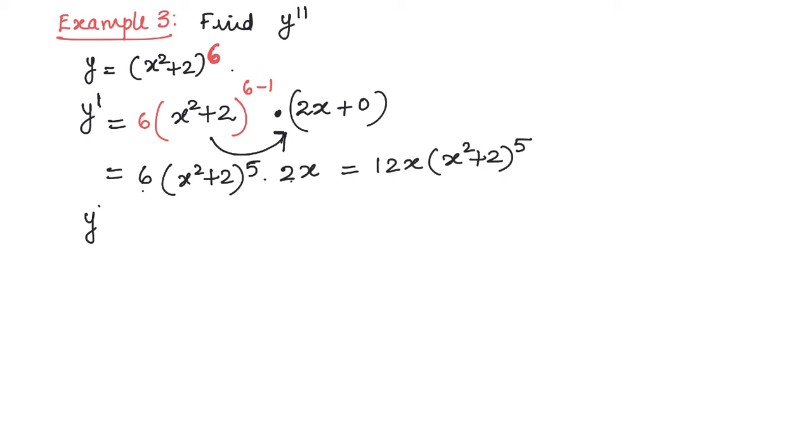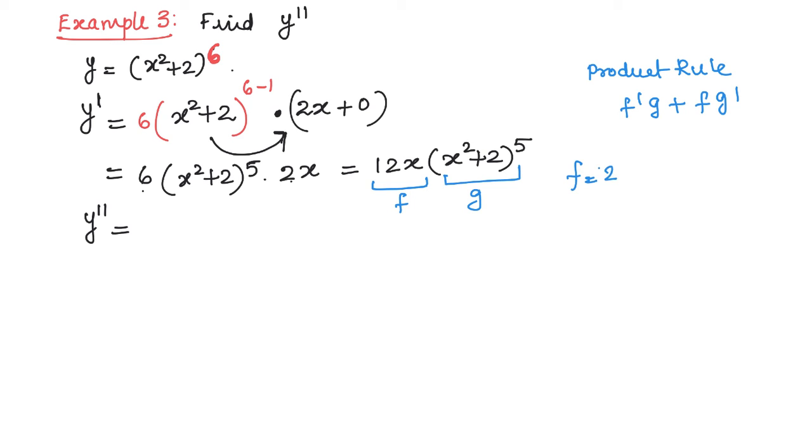Now I need to find the derivative of that again. So this one is actually two functions. This is f, this is g. So I need to use the product rule here. The product rule is f prime g plus f g prime. So f is 12x. So f prime will be 12. And g is x square plus 2 power 5.